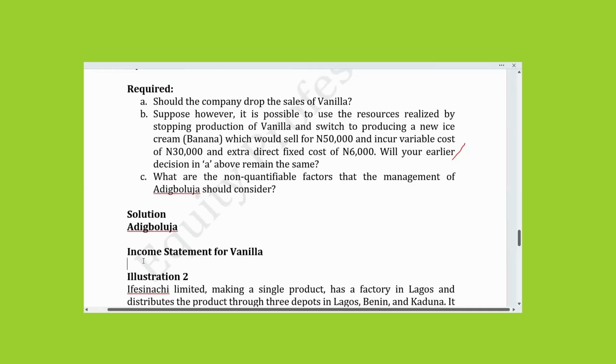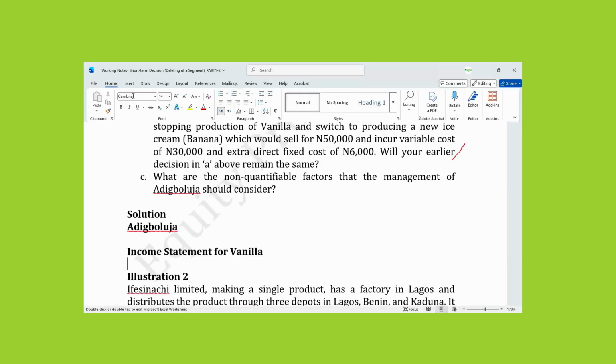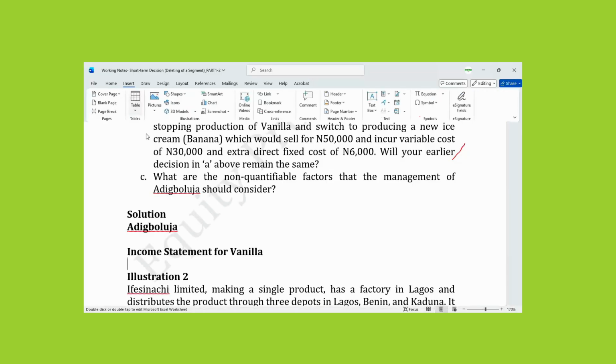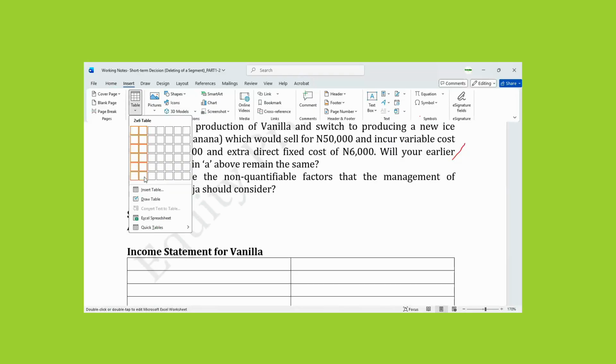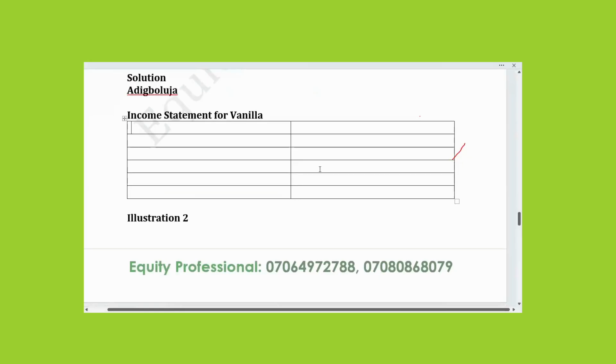So let's prepare our table. Let me start a table. Let me do 2 columns.